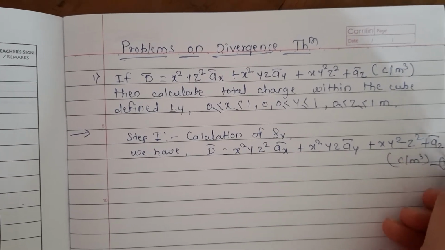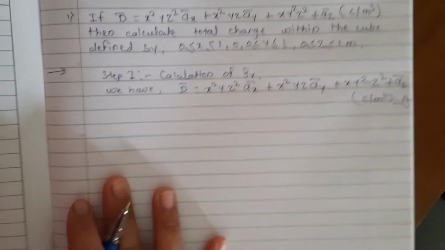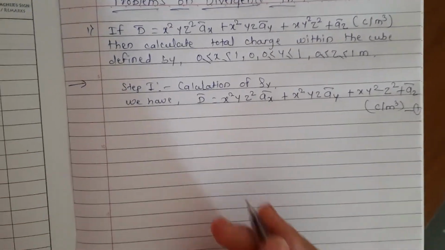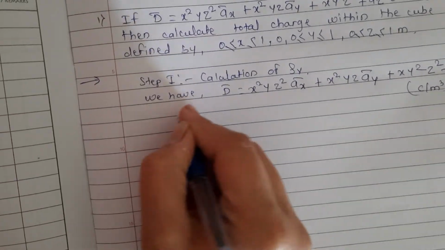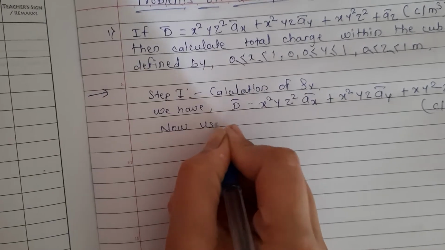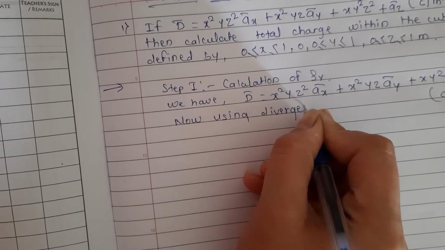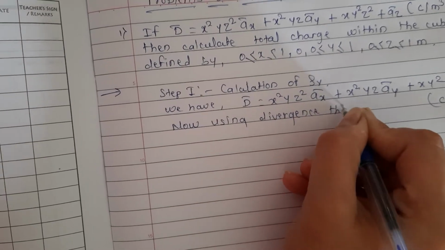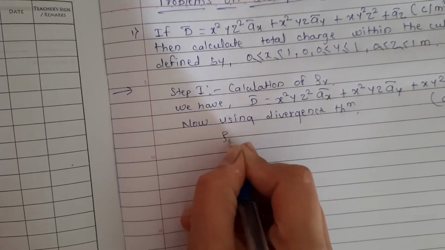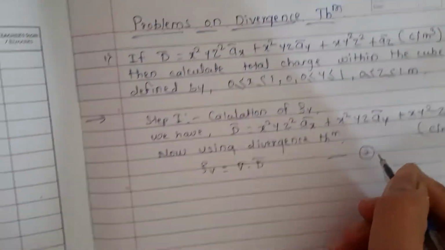This is equation 1. So now using the divergence theorem, we have rho v is equal to del dot D bar, so it is equation 2.